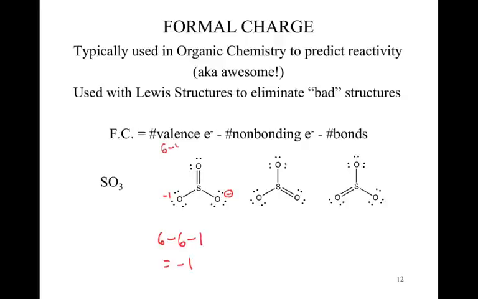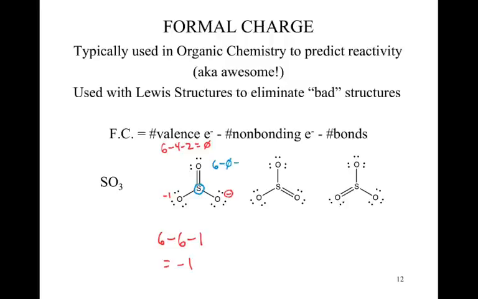We did it with 6 minus 4 minus 2, which gets us 0. So we could write 0 next to it for its formal charge. That's a bit redundant, so what we'll do is anything that is 0 charged we'll ignore. The last one is sulfur in the middle. Sulfur comes in with 6 minus the non-bonding electrons. Well, it doesn't have any, so that's 0.